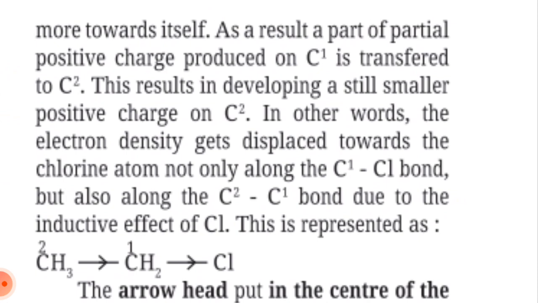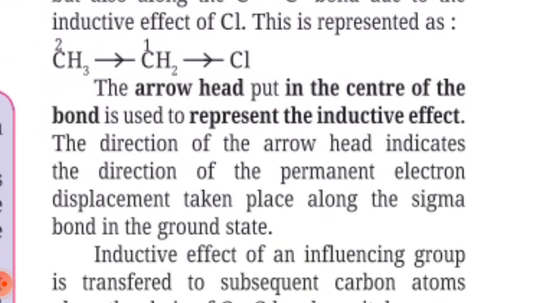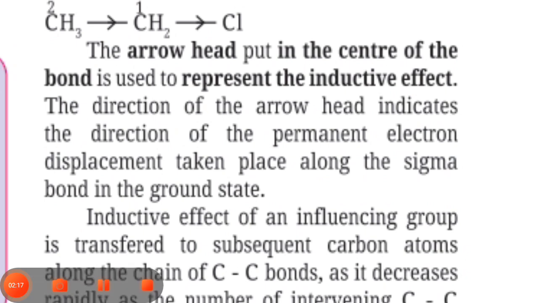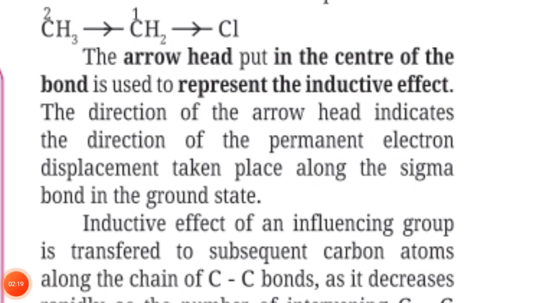In other words, the electron density gets displaced towards the chlorine atom, not only along the C1-Cl bond but also along the C2-C1 bond, due to the inductive effect of chlorine. This is represented as CH3CH2Cl. The arrowhead put in the center of the bond is used to represent the inductive effect.